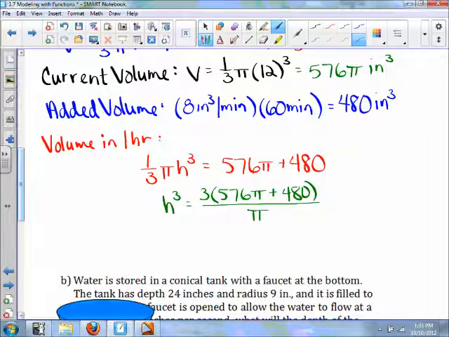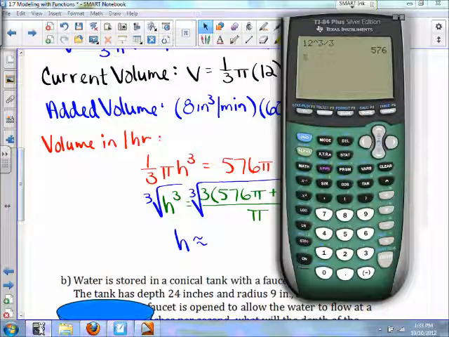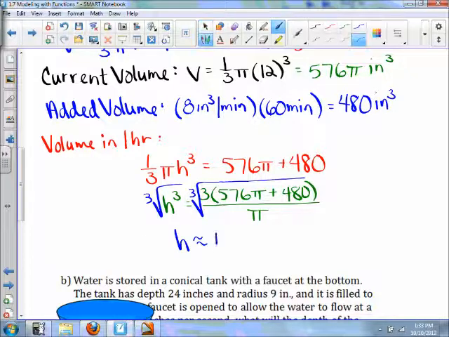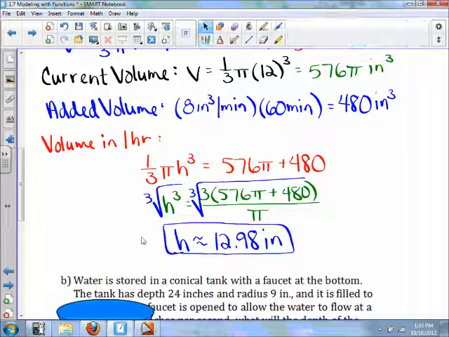Now in order to get h all by itself, we're going to take the cube root. So you get about 12.98 inches. So that will be your height in 1 hour.